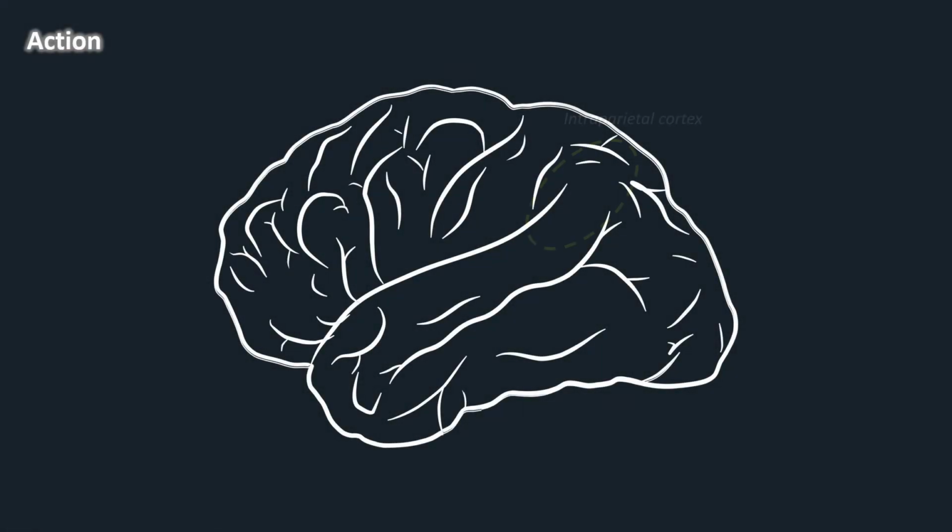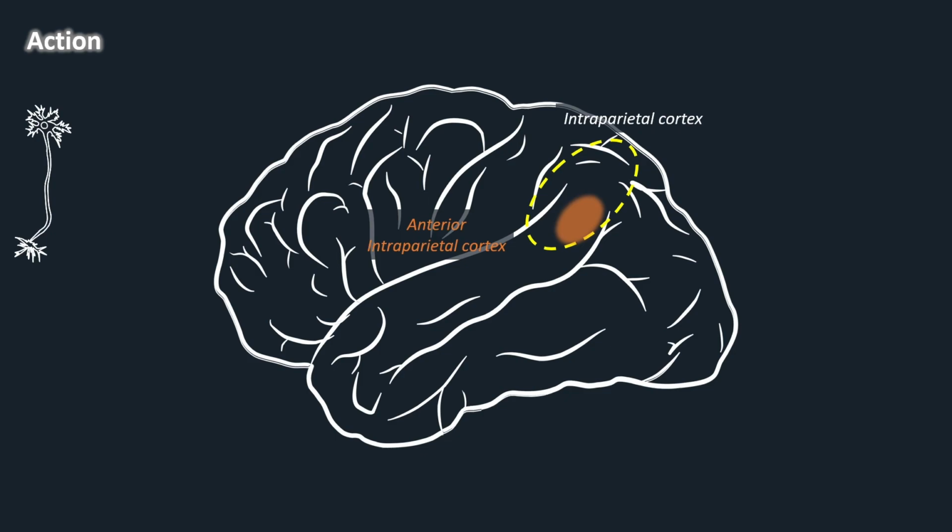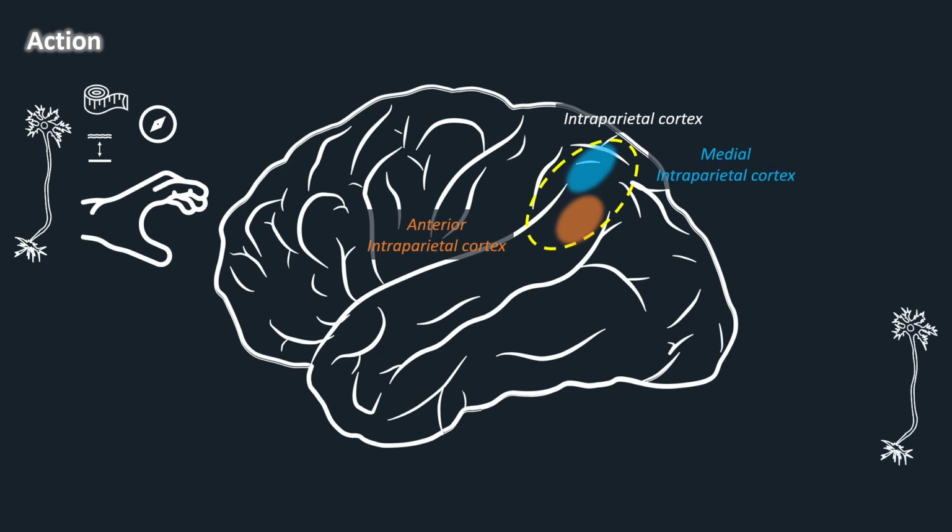The anterior intraparietal cortex has neurons that signal the size, depth, and orientation of the object that can be grasped. Neurons in the medial intraparietal cortex represent the target of the reaching movement and project to the frontal area, generating the premotor signal for this movement.